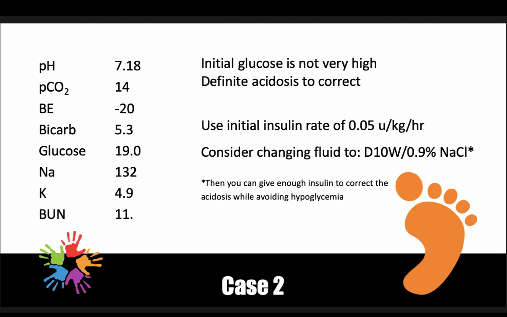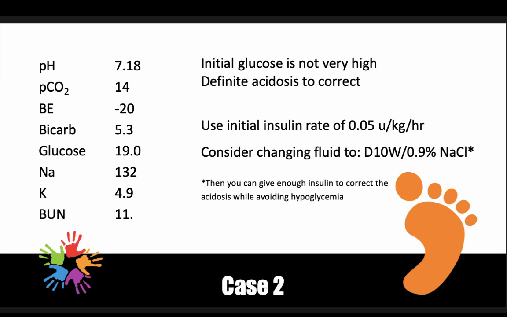What you'll notice about this particular kid's blood work is the pH is 7.18, so in that moderate range. The bicarb is 5.3, glucose is 19, sodium 132, potassium is 4.9.